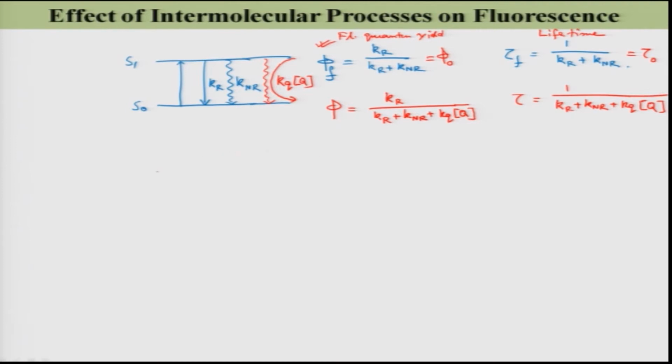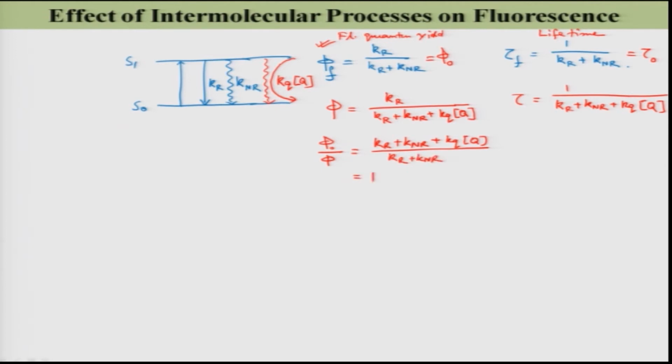Now, what I will do is take the ratio phi 0 by phi. What I get is k_r plus k_nr plus k_q into Q, divided by k_r plus k_nr.